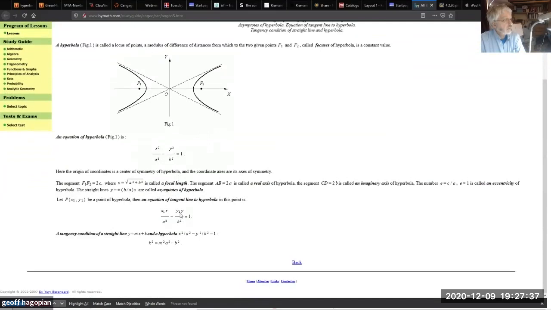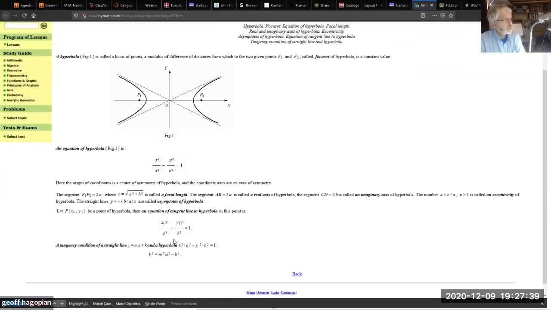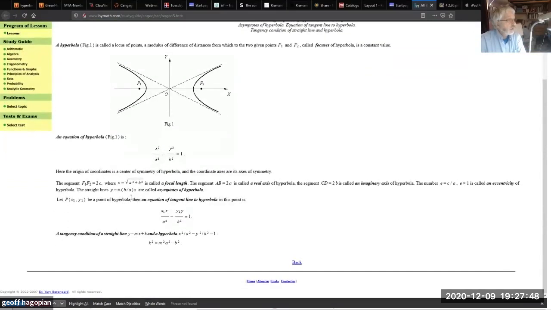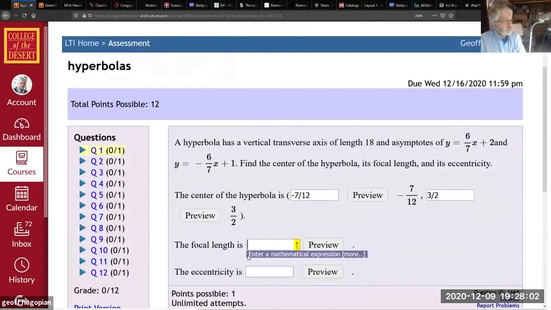Search site, okay. Right, the distance between the foci, the segment F1, F2 equals twice C, is called the focal length. Right, I was right. So the focal length is going to be twice C, which, yeah.